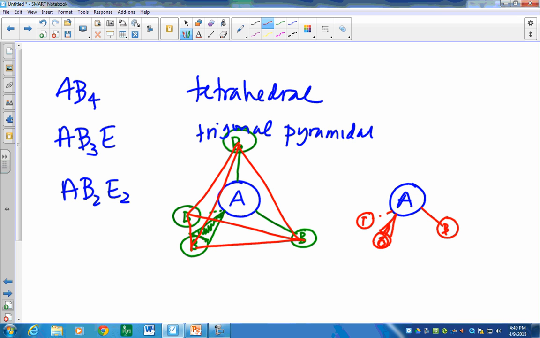Make it look a little more like a triangle. Now there's your triangle, and now you have this pyramid shape. And so that's trigonal pyramidal.